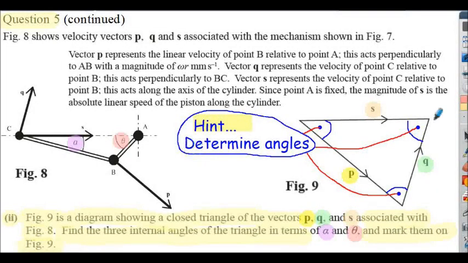The hint in the question is to determine these 3 angles shown here. I encourage you to stop the presentation and see if you can determine these 3 angles in terms of alpha and theta. So use figure 8 to help you find the angles in figure 9. But I'll show you the angles on the following slide.